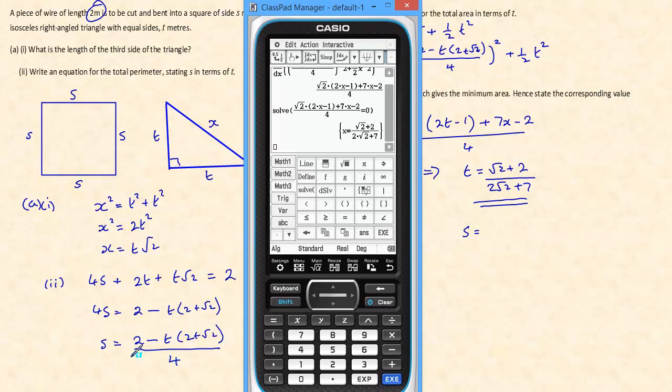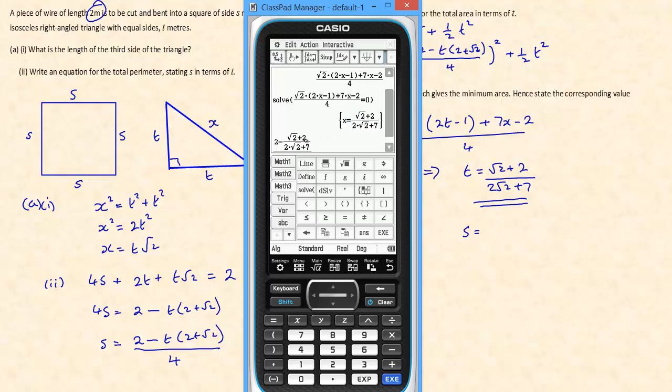And so, here's our expression for s. We just need to substitute this in. So, fraction template, and we're going to do 2 take away the value of t, which is this, and that needs to be into 2 plus root 2, and all of that over 4, and let's see what that simplifies to.